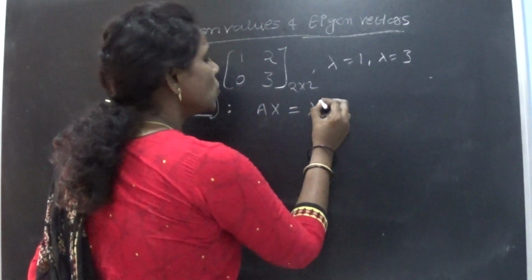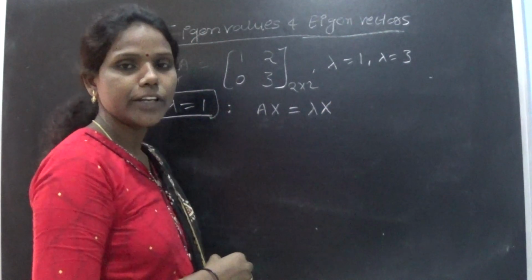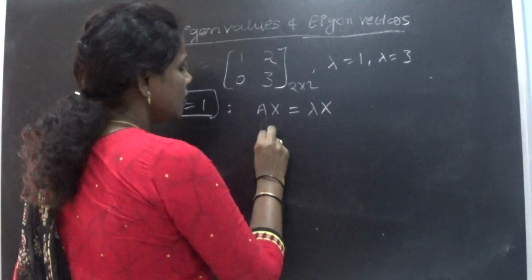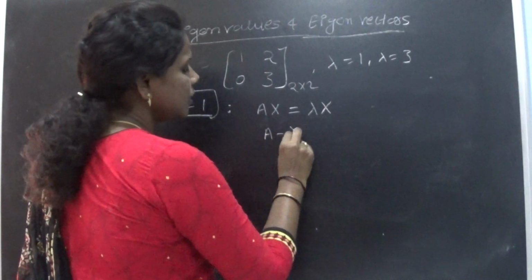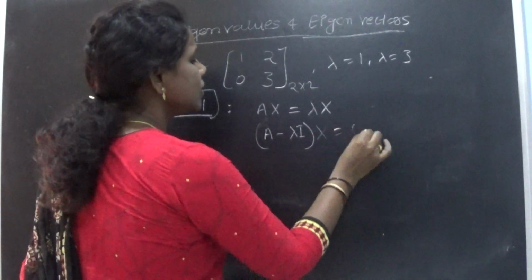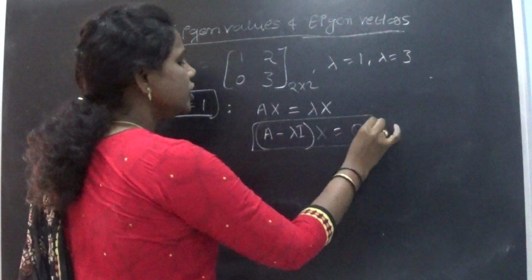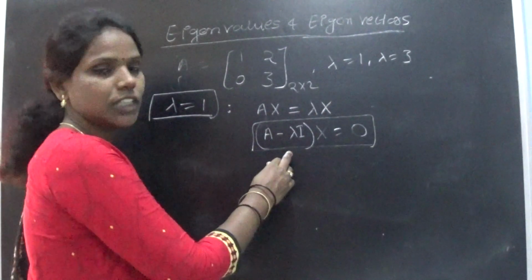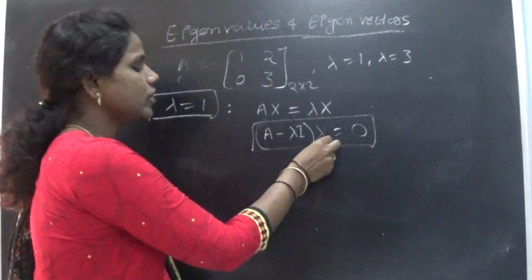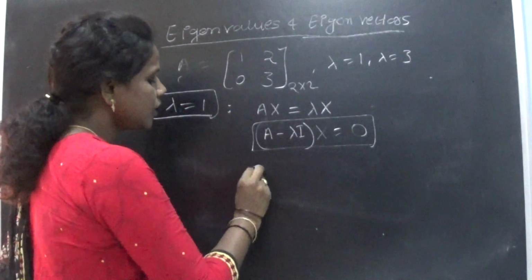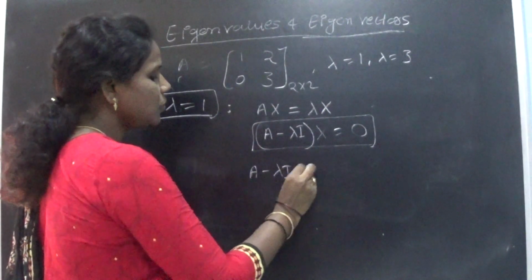That is Ax is equal to lambda x, where lambda is the eigenvalue and x is a non-zero vector. We can write this equation as (A minus lambda I) x is equal to 0, which is the homogeneous form. If we solve this homogeneous equation, we can get the eigenvector for the corresponding eigenvalue. Now, what is A minus lambda I, simplified?